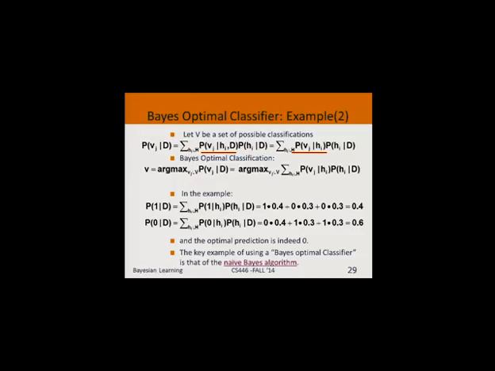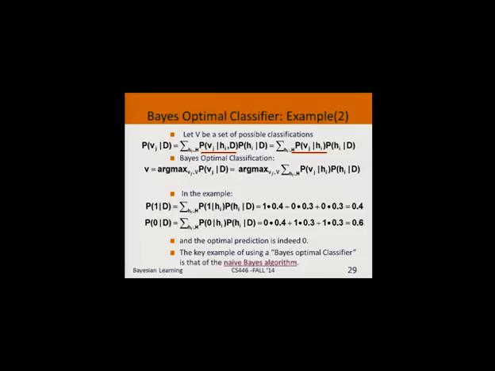So what I'm going to do is ask, what is P of V equal 1? This is what this notation means. What is the probability of predicting 1 given the data? It's the sum over all the hypotheses of the probability of predicting 1, given that I'm thinking it's Hi, times the probability of Hi given the data, which in this case is going to be 1 times 0.4 and 0 times 0.3 twice.